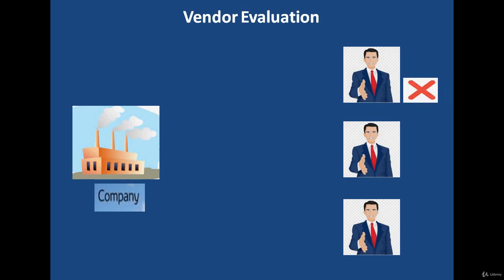So it will reject vendor 1, it may reject vendor 2, and finally it will select vendor 3. So this selected vendor will be the right vendor to supply the required raw material to the company in the coming future. So the company finally decides the 3rd vendor as the right vendor.